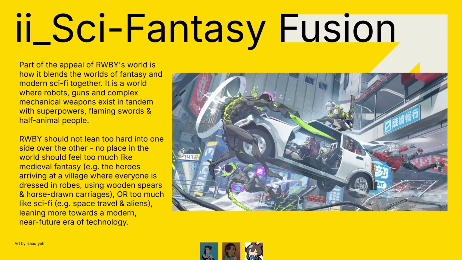No place in the world should feel too much like a medieval fantasy where the heroes go to a village where everyone is dressed in robes using wooden spears, bows and arrows, and horse-drawn carriages, aka Volume 4, or too much like sci-fi, with space travel and aliens, thankfully not something we've seen in RWBY yet, and it should lean more towards a modern near-future era of technology.